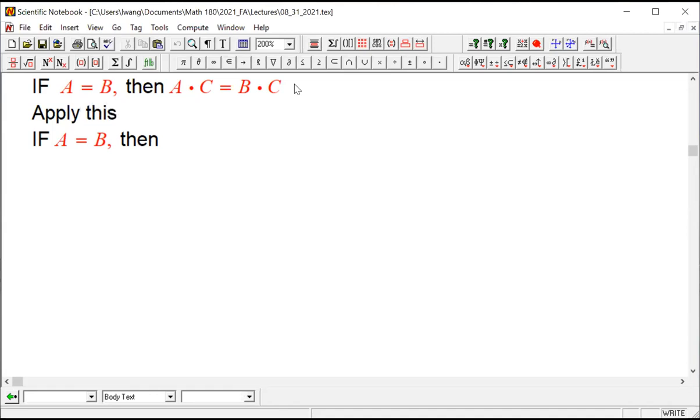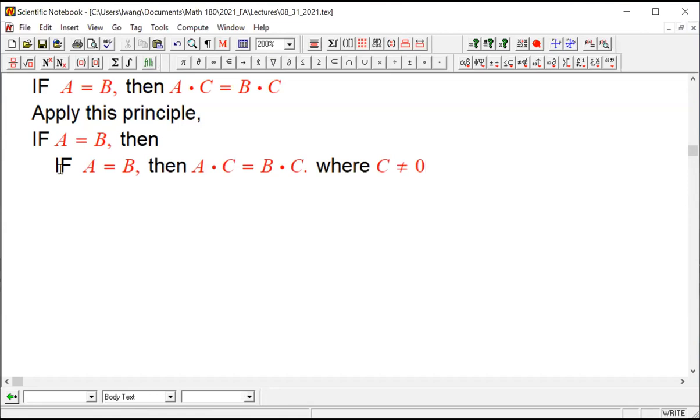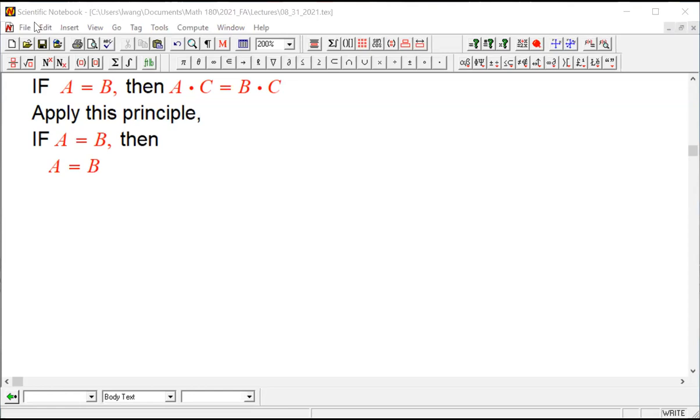We're going to apply this principle. If A is the same as B, then A squared is the same as B squared, right?